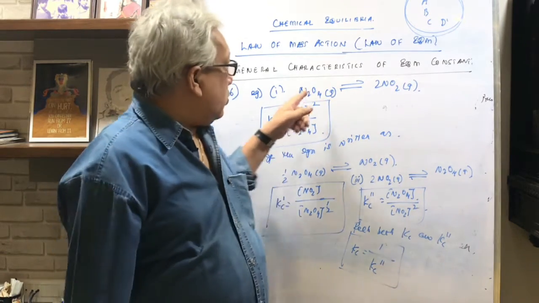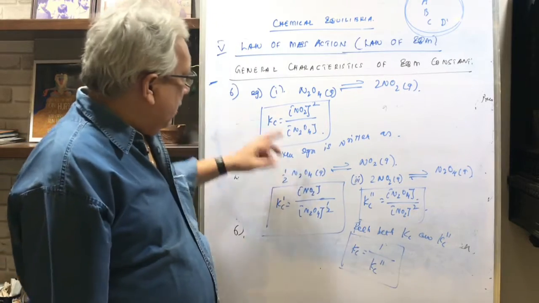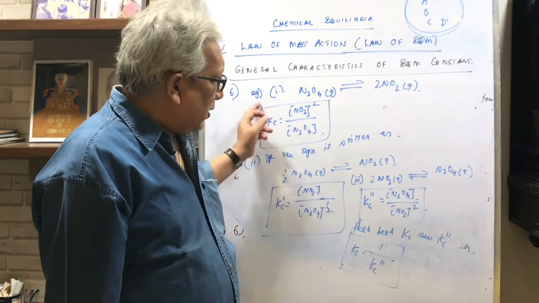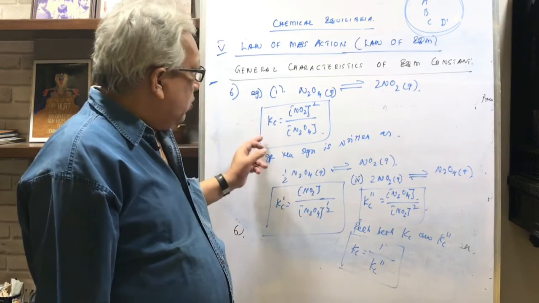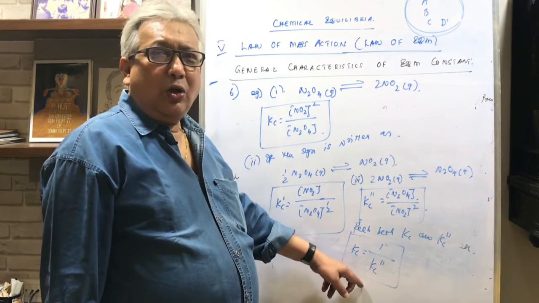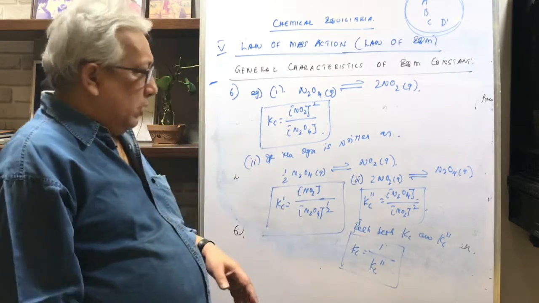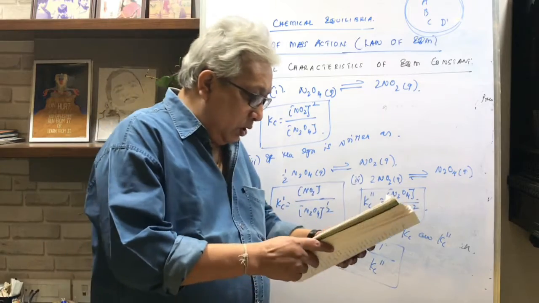That is what I told you in examples 1, 2 and 3. If you see 1 and 3, they are written in exactly opposite ways. So Kc is the inverse of K double dash C, or K double dash C is the inverse of Kc. That is all about it.